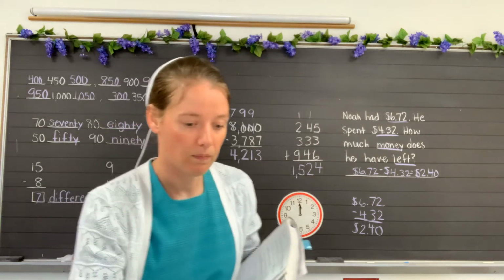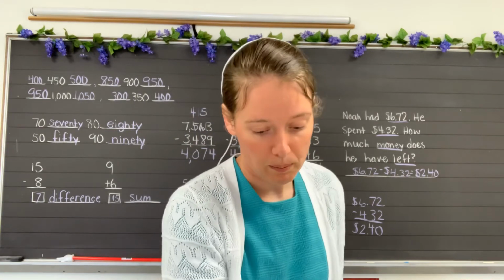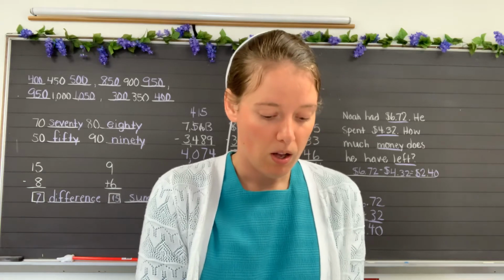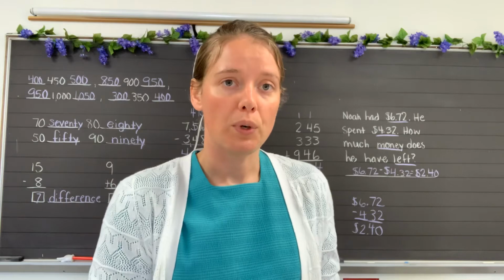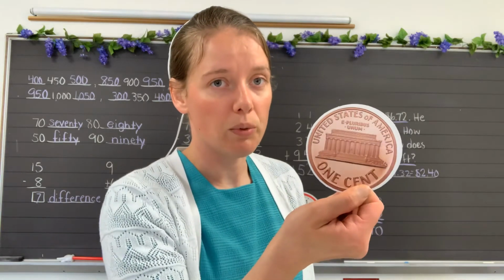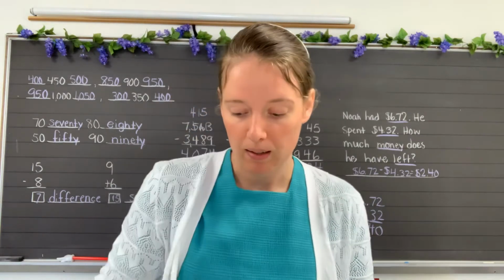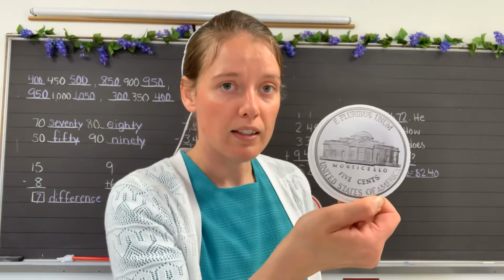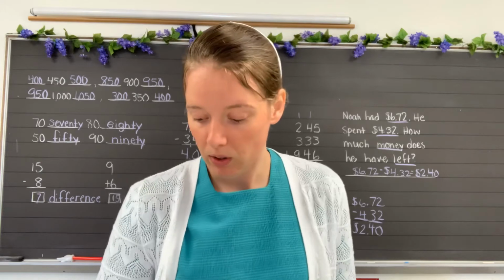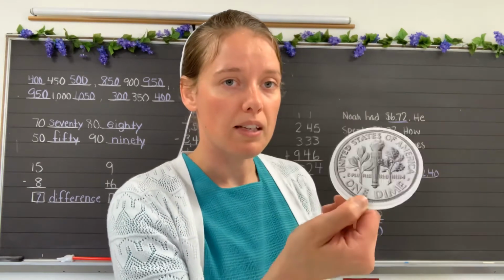All right, let's review the money coins here. We have a penny here, which is 1 cent. We go by ones with pennies. Nickel is 5 cents. Go by fives for nickels. Dime is 10 cents.